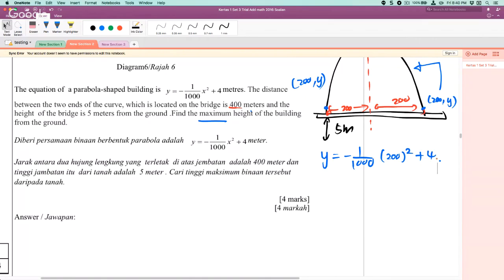Am I doing something wrong again? Okay, never mind, I'll just key in the whole equation. I just don't know which part I typed wrong. 200 squared plus 4. You should be able to guess the answer: -36.